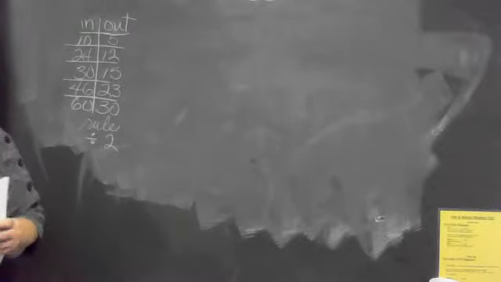Fill out the in and out boxes. This is a prelude to X and Y T-charts. So on page 1 and page 2 of the in and out boxes, this is what you're going to be doing.